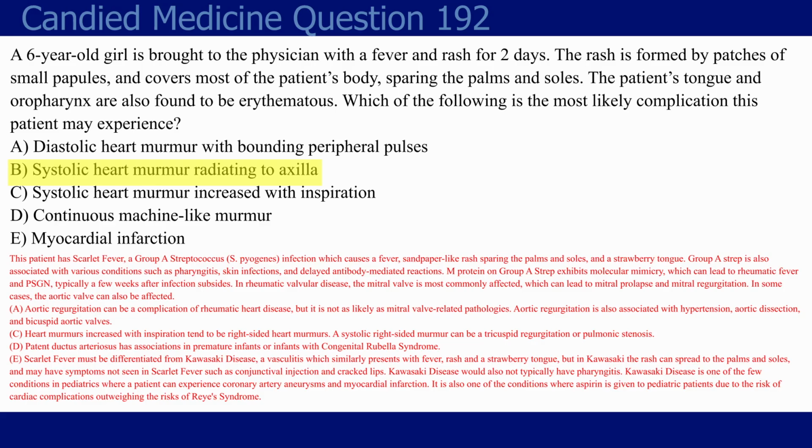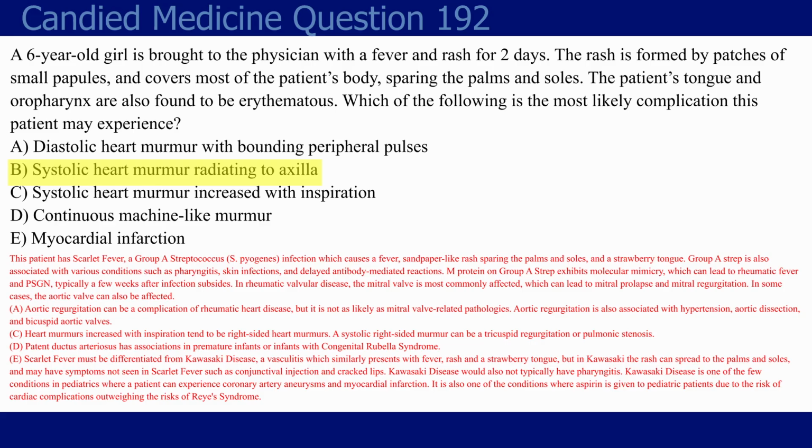Choice C, systolic heart murmur increased with inspiration. When you think heart murmurs increase with inspiration, that tends to be right-sided heart murmurs, as opposed to expiration, which would be more left-sided heart murmurs. So a systolic right-sided heart murmur would probably be either a tricuspid regurg or a pulmonic stenosis, neither of which really are related to rheumatic heart disease.